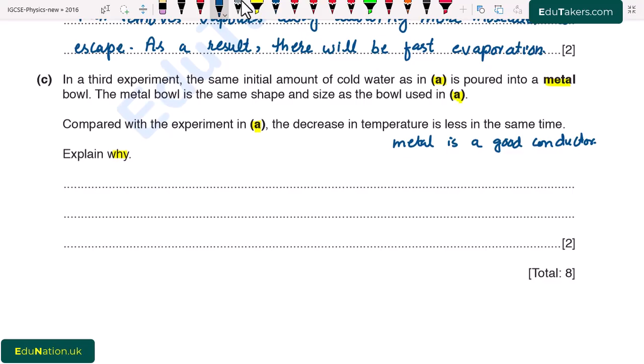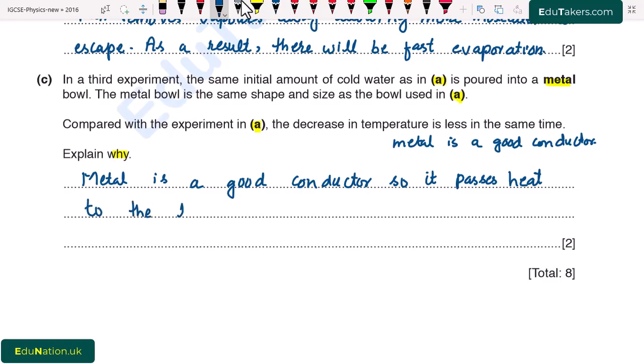So I write here, metal is a good conductor. So it passes heat to the liquid from the surroundings.